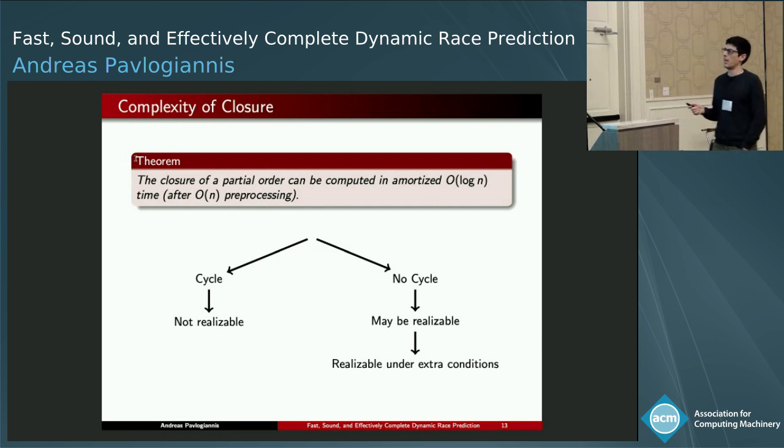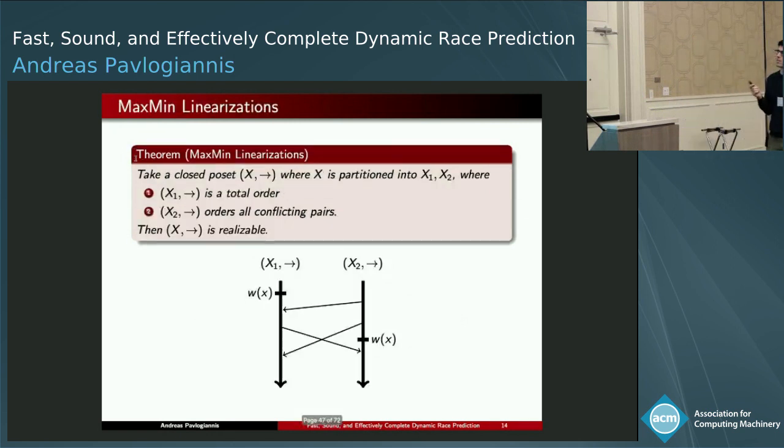And without going into too many details, these conditions are phrased in something we call a max-min theorem, which essentially says that if you take a partial order over an event set X, and you can partition X into two sets, X1 and X2, where X1 is totally ordered and X2 orders all pairs of conflicting events, then you're guaranteed that your initial partial order is in fact realizable. Notice that we still allow pairs of conflicting events to not be ordered as long as they sit on opposite sets. So on X1 and X2, these two events are unordered.